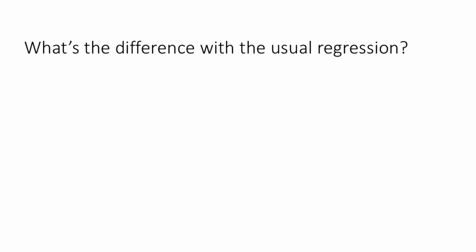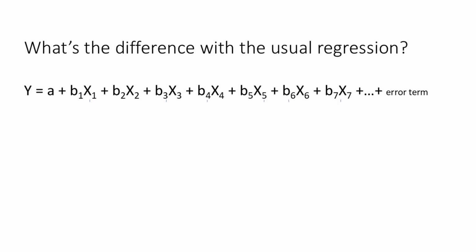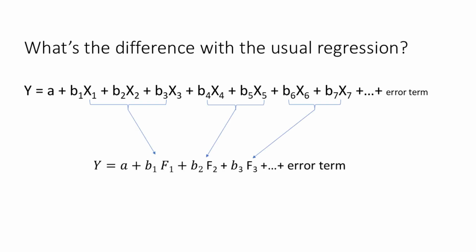So you might ask, all right, regression, how's that different from the usual regressions we do? Well, take a look at this equation over here. First one is your usual regression, where you have all of your variables and then you do the multiple regression, versus you transform the regression by first taking a look at factors.